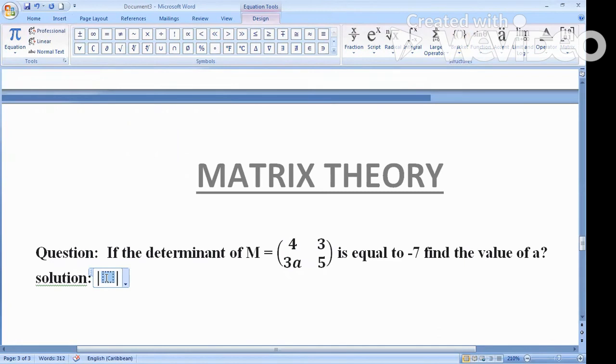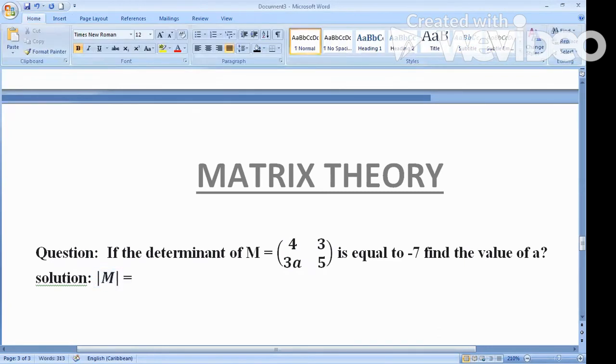So M. What do we multiply? The leading diagonal, not true. So it's 4 times what? 5.